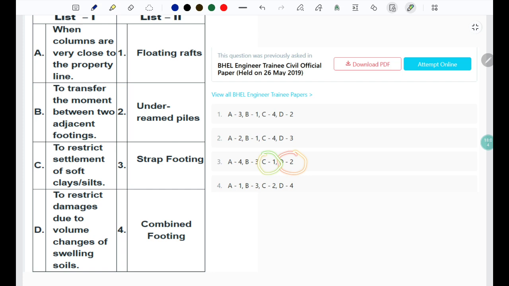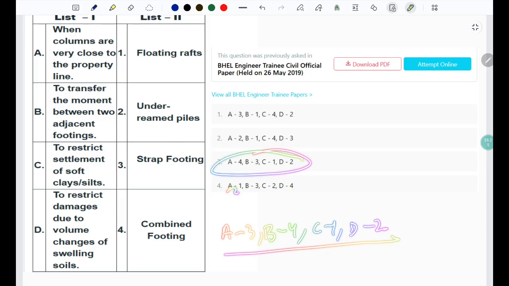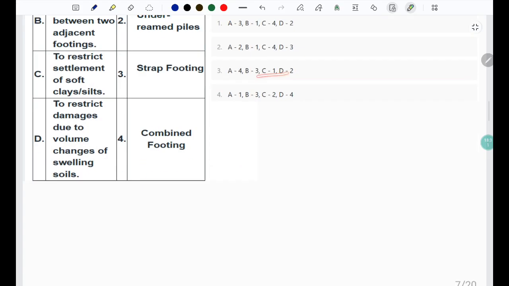C is 1, that is for sure. We see no other option with D2 and C1, hence we are bound to go with B goes with 3 and A goes with 4. Ideally, I believe it should have been A3, B4, C1 and D2. But since they have not given any such option where 3, 4, 1, 2 comes, hence we will be bound to go with third.